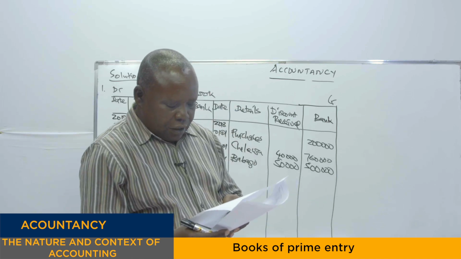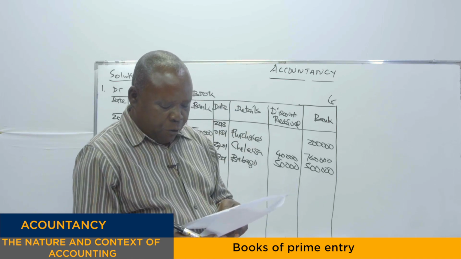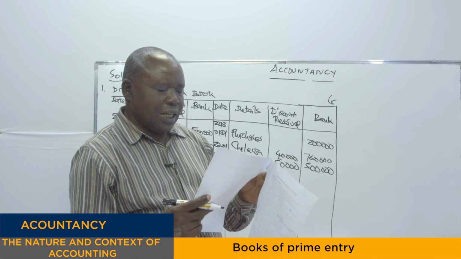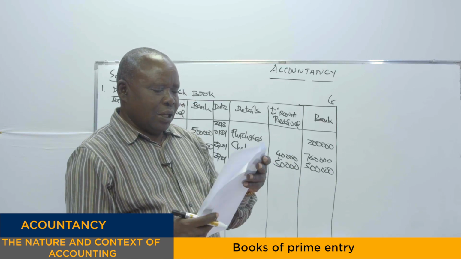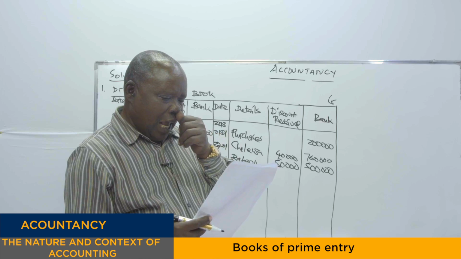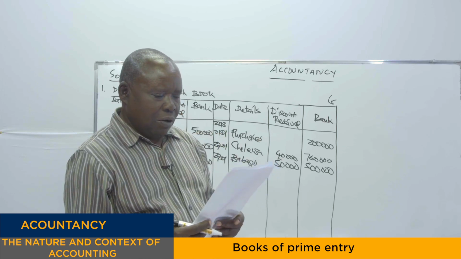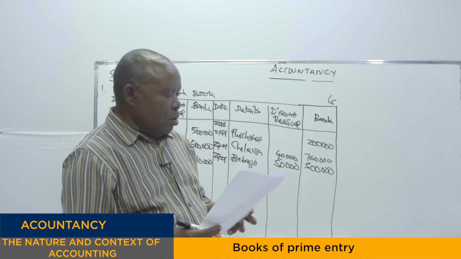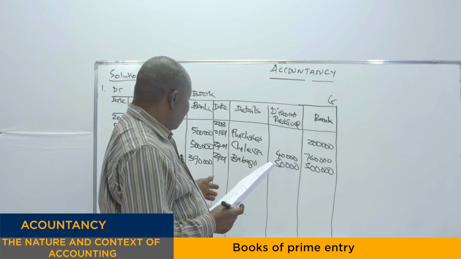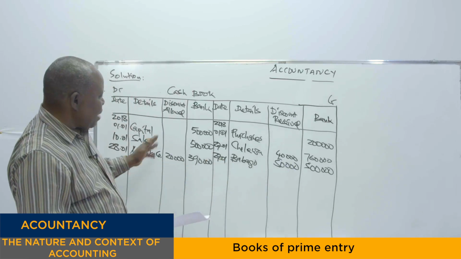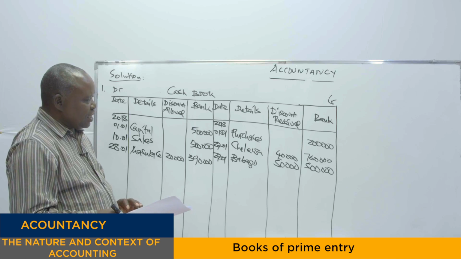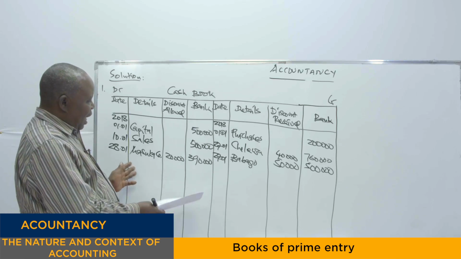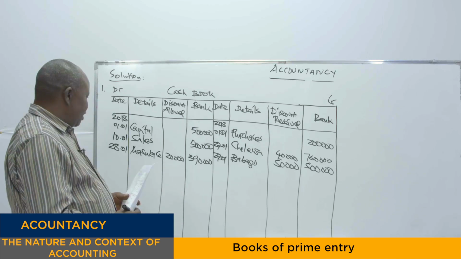Now on 29th, a check received from Masuka was dishonored by bank. We deposited, but bank dishonored our check. So we are going to reverse this entry by writing on the credit side. The same amount now will appear on the credit side.